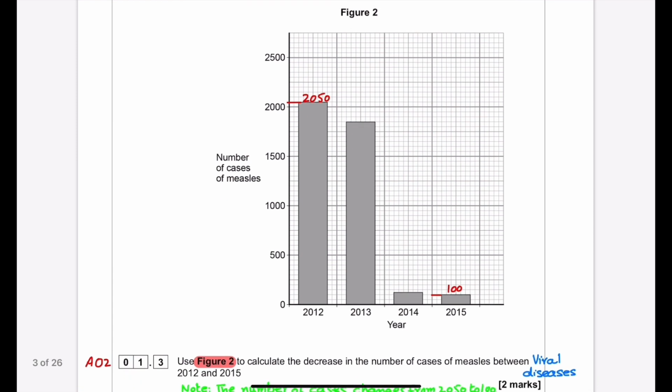The question, part number 3, is: use figure 2 to calculate the decrease in the number of cases of measles between 2012 and 2015.